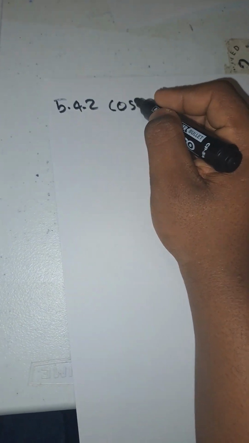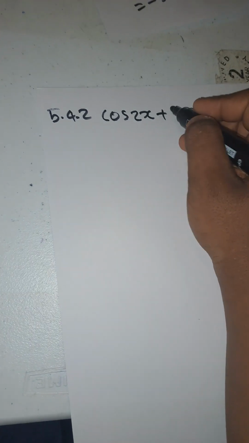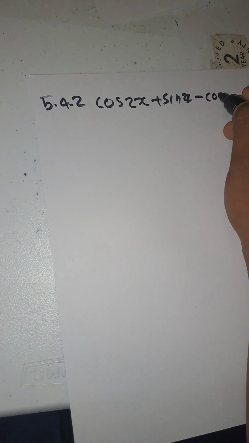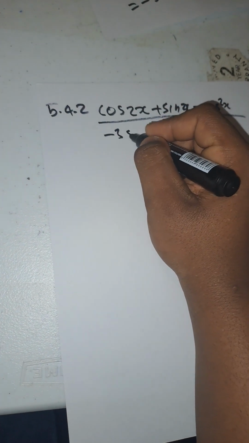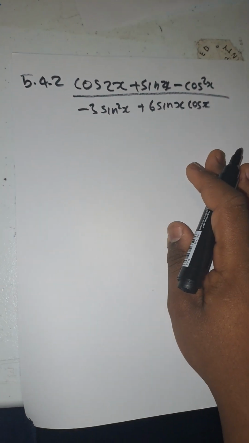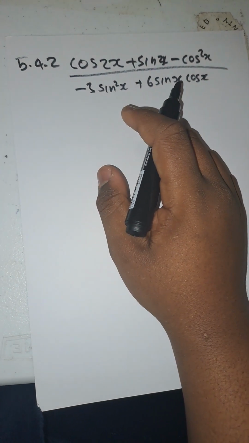It's going to be cos 2x plus sin 2x minus cos squared x over minus 3 sin squared x plus 6 sin x cos x. Right? So now let's check the denominator.